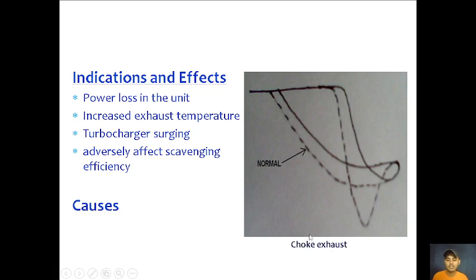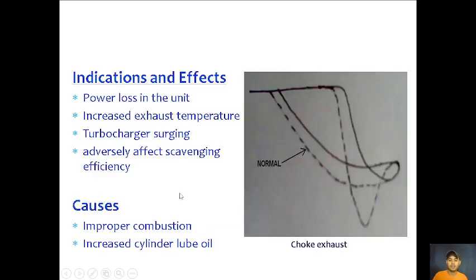So if your exhaust gas is choked, there is a problem in your turbocharger also. There will be surging. Causes: improper combustion, increased cylinder lube oil. If the lube oil is too much, it will create inefficiency.